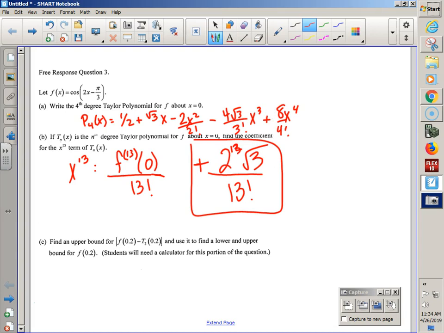They don't have another 2 down here, where it's the 13th degree? Maybe the pattern doesn't hold. I assumed the pattern held, where it was 2 to the 0, 2 to the 1, 2 to the 2, 2 to the 3. No, sorry, 2 to the negative 1, 2 to the 2, 2 to the 3. Maybe the pattern didn't hold. If I had time, I would have solved the whole thing out.